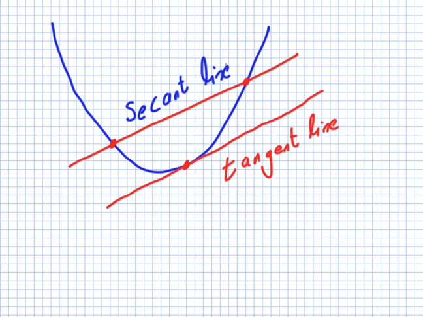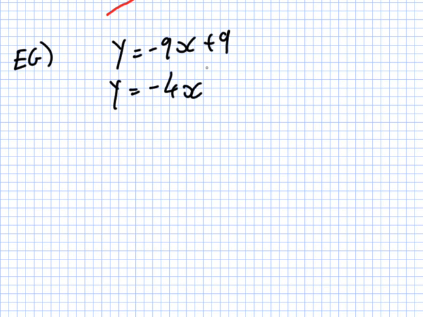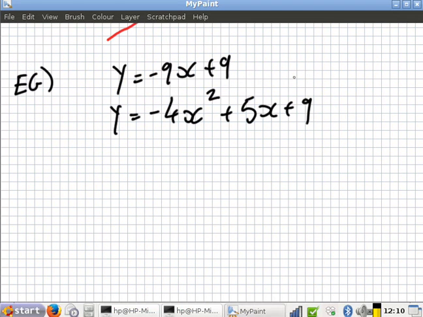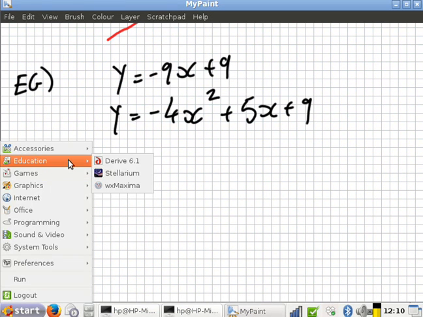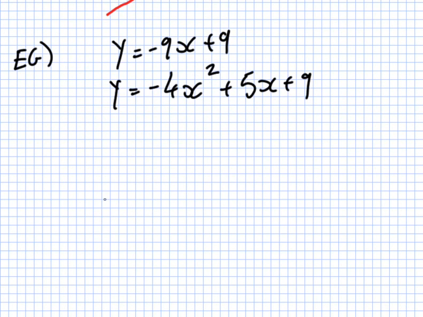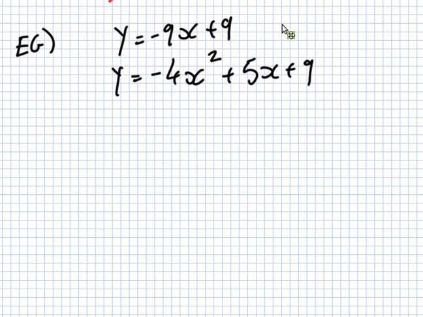Okay, can I scroll down? So let's have a look at some examples here. For example, if I say y equals minus 9x plus 9 and y equals minus 4x squared plus 5x plus 9, I would like to know if this line is a tangent line or a secant line.